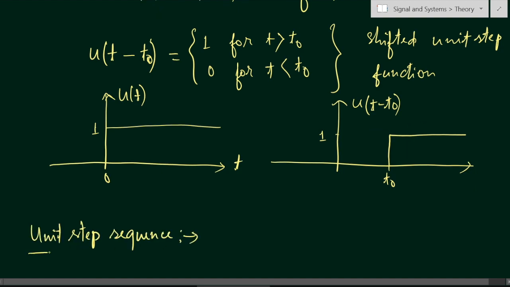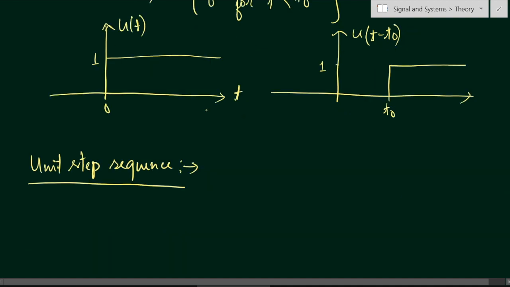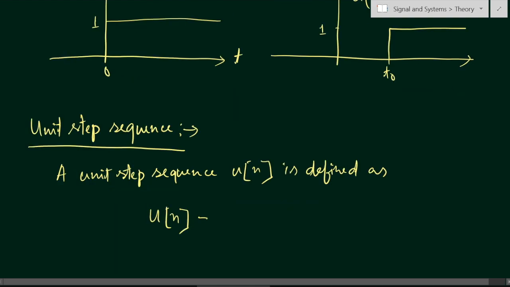Now let us see a unit step sequence. So what is a unit step sequence? We can write a unit step sequence as u of n. Because it's a discrete sequence, we put the n inside a square bracket. It is defined as u of n equal to 1 for n greater than or equal to 0.